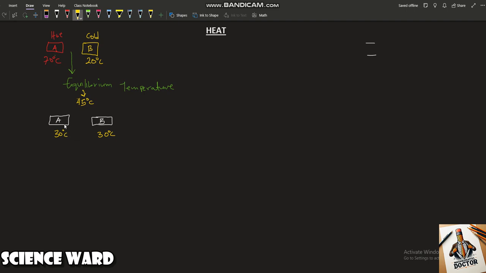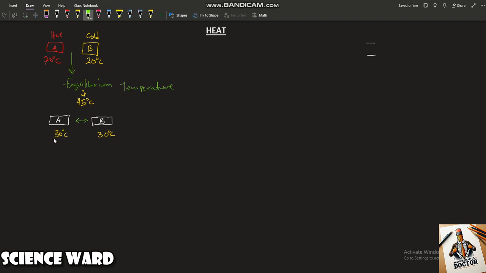Since the temperature of the two of them is 30 degrees Celsius and 30 degrees Celsius, if we bring object A closer to object B, there will not be a transfer of energy.